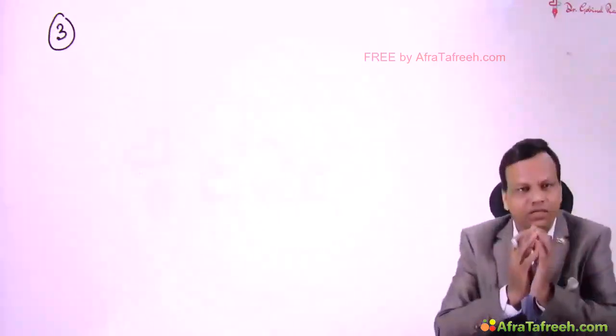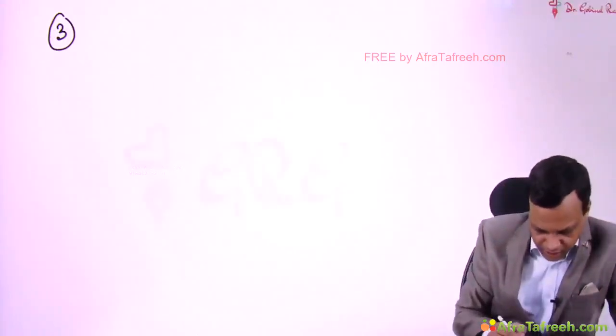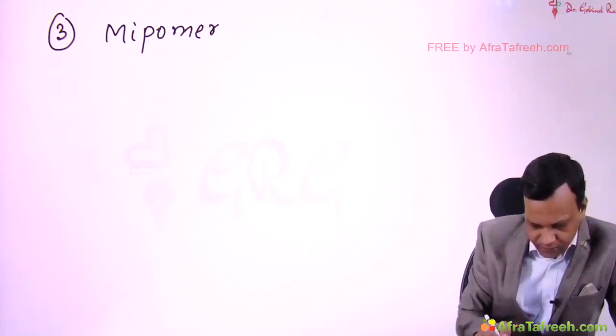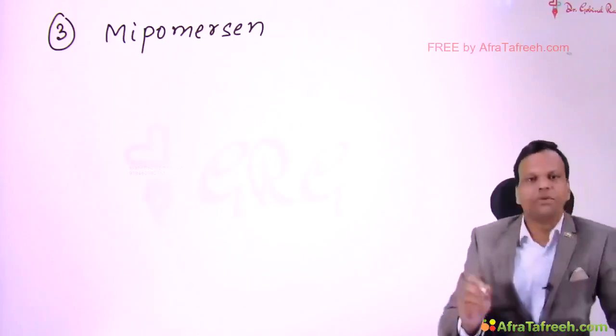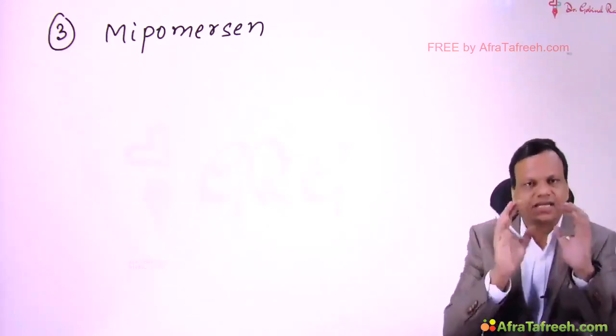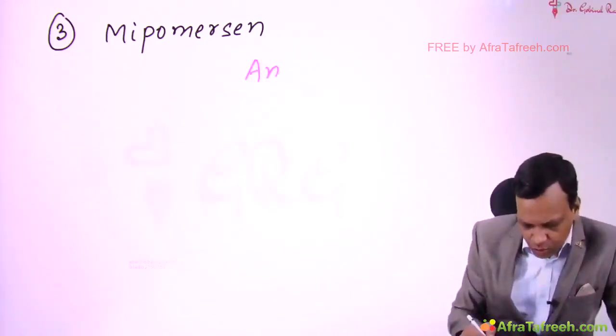Then we have the third group of drugs. This is the drug known as mipomersen. Basically it is an antisense oligonucleotide.